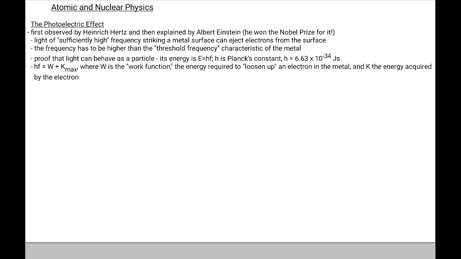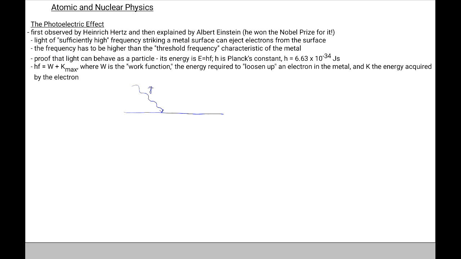So the equation for the photoelectric effect is hf, so that is the energy of the incoming light, is equal to this W, which we call the work function, and that's the energy required to loosen up an electron in the metal, plus the kinetic energy given to the electron. So if we look at a metal surface, here we have a photon, so that's the light. The symbol for the photon is gamma, it's a gamma ray.